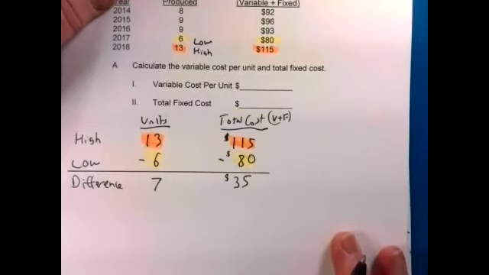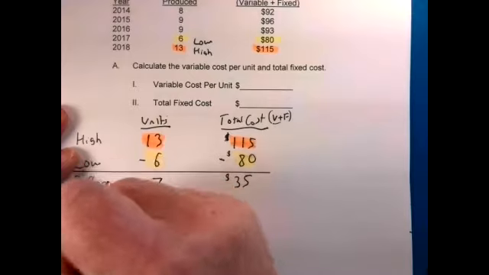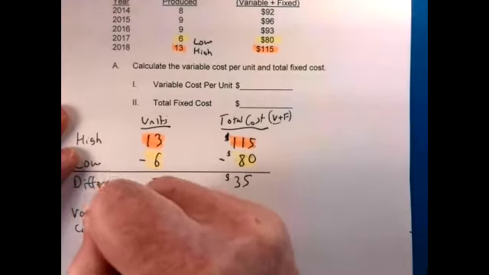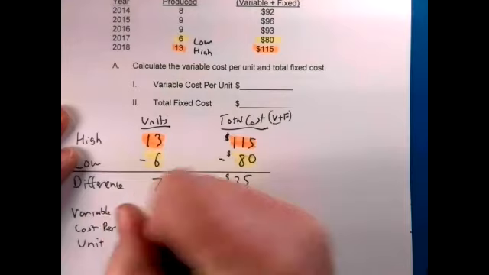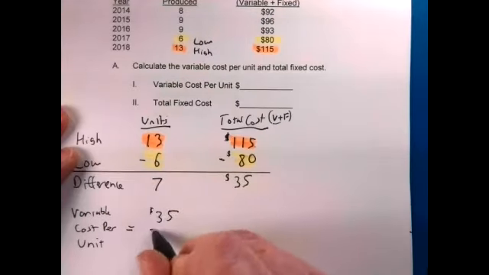Okay, so like this. Divided by 7 equals 5. So this is the variable cost per unit.